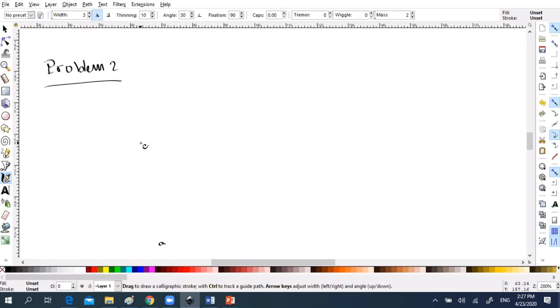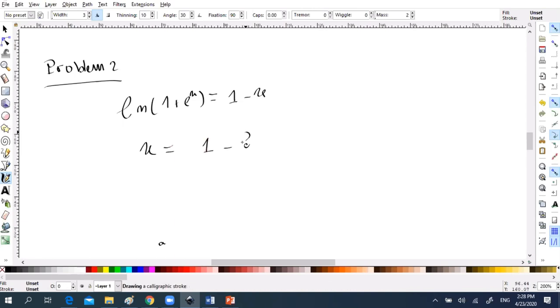For the fixed point iteration, if you take the simplest one here, we have log of 1 plus e^x equals 1 minus x. So if I take x equal to 1 minus log of 1 plus e^x, my g of x is this: 1 minus log of 1 plus e^x.